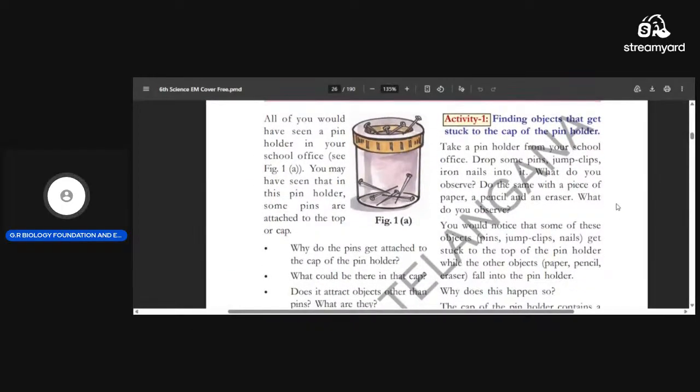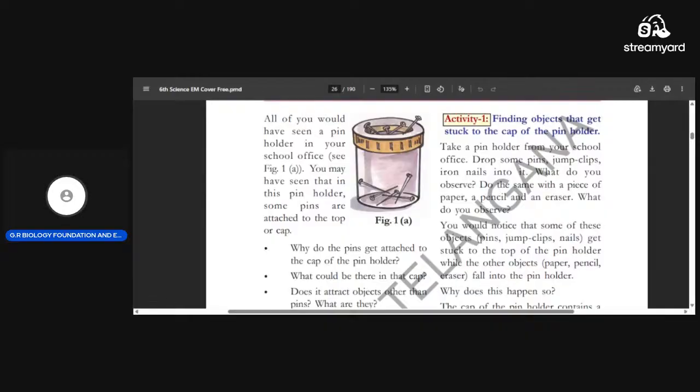Finding objects that get stuck to the cap of the pin holder. Here we have to take some materials and test them with the pin holder cap. Some are attached to the cap, some are not. Take a pin holder from your school office, drop some pins, jump clips, and iron nails into it.